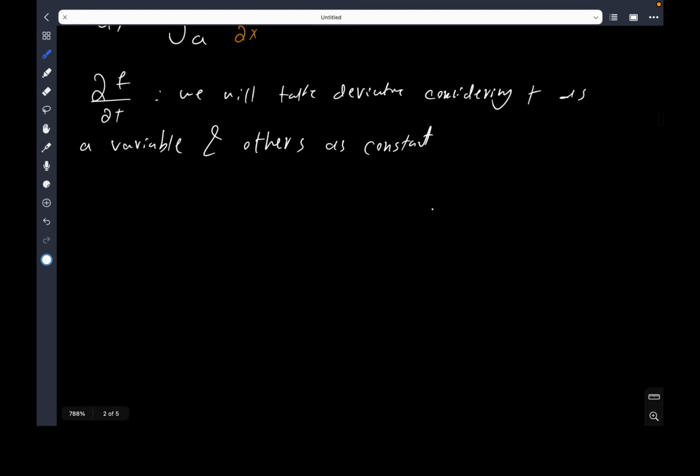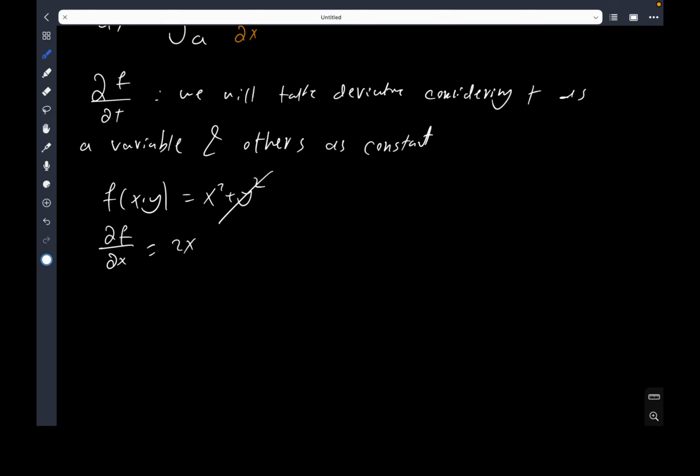For example, if I have, I don't know, let's say f of x and y, x squared plus y squared, my partial f partial x would be 2x.